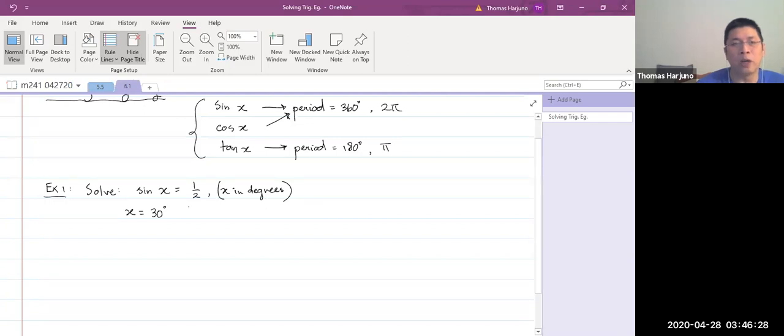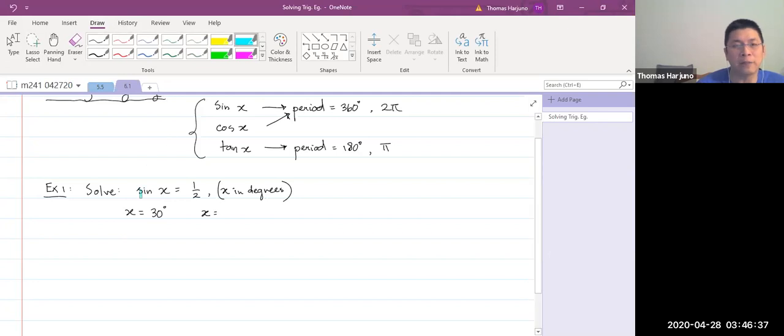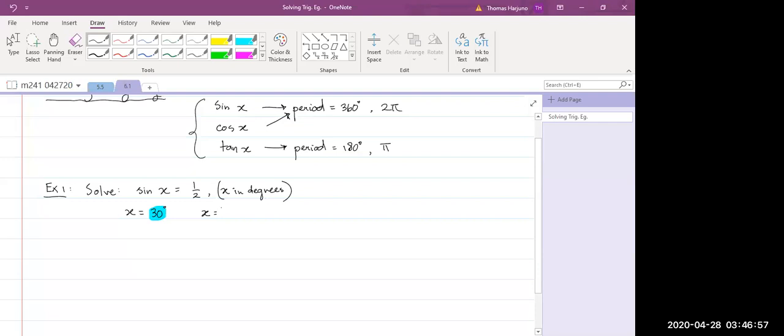Okay, so what is the angle in quadrant 2 such that sine of that angle is 1/2? Notice that whatever that angle be, it must have the same reference angle as the one we have there. So what is the angle in quadrant 2 whose reference angle is also 30 degrees? Cosine 60 degrees?